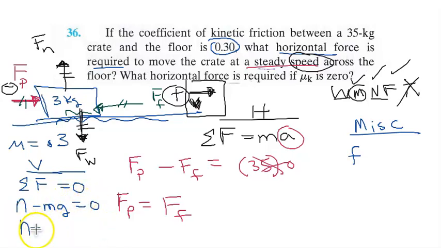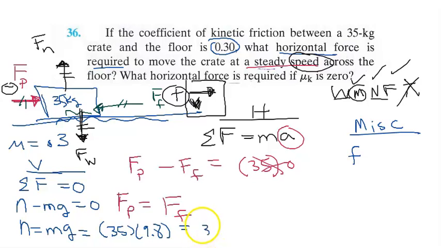So the normal equals the weight, which is 35 times 9.8, which is 343 newtons. So the surface is flexed, is stressed or pushed by 343 newtons.